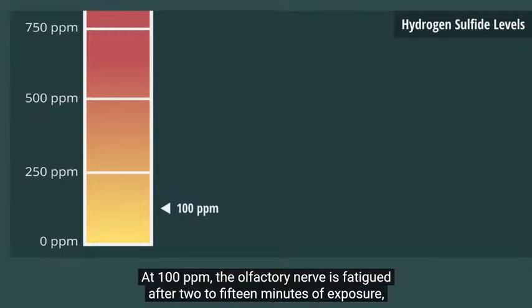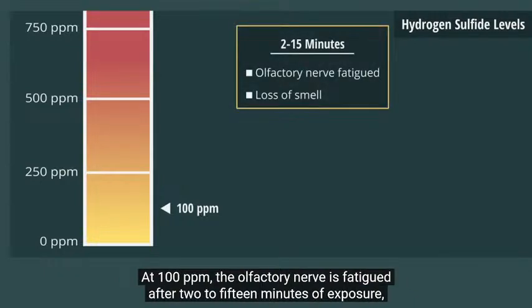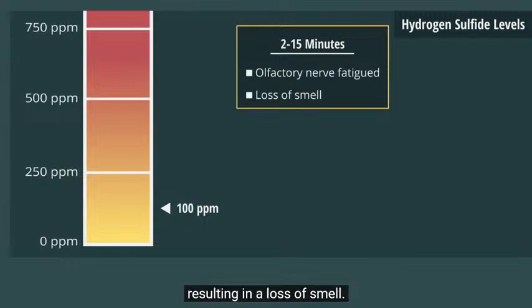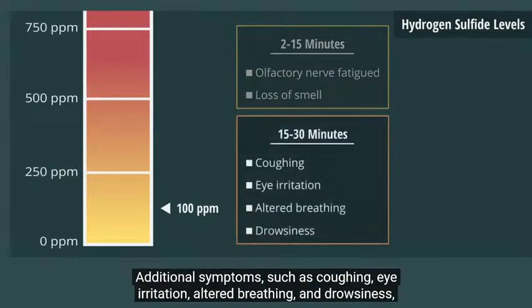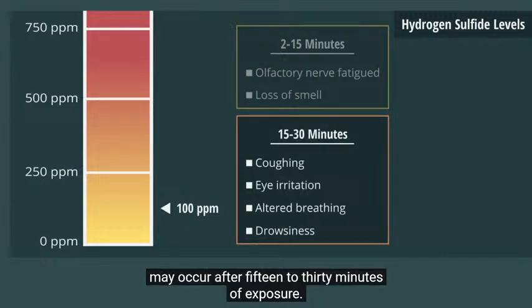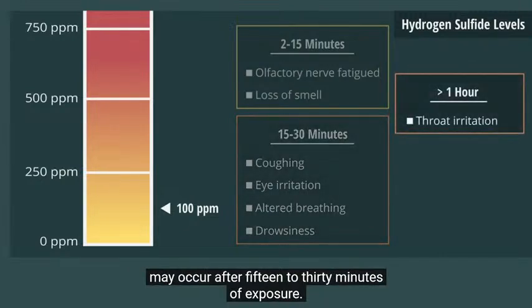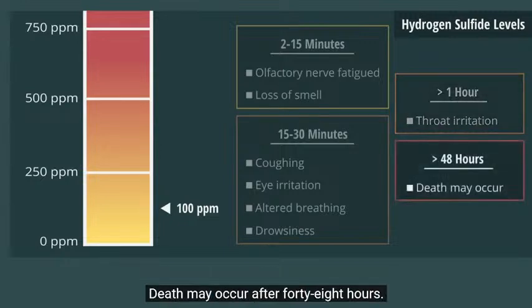At 100 parts per million, the olfactory nerve is fatigued after 2 to 15 minutes of exposure, resulting in a loss of smell. Additional symptoms, such as coughing, eye irritation, altered breathing, and drowsiness may occur after 15 to 30 minutes of exposure. Throat irritation can occur after 1 hour of exposure. Death may occur after 48 hours.